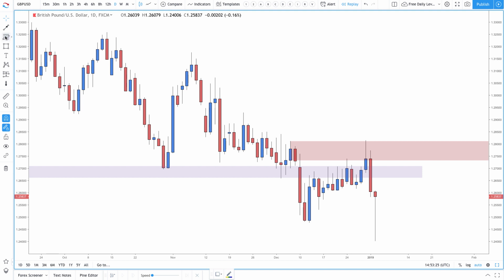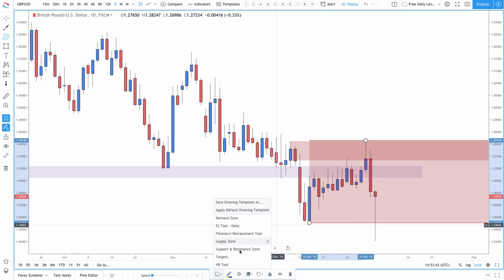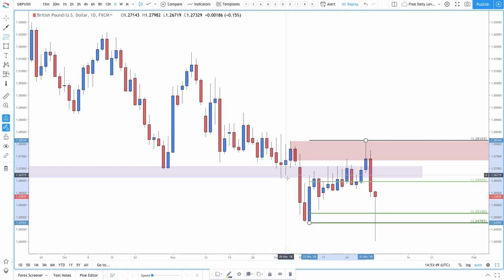And what I do, and what you can do, right, is I look for one of two targets. Now, I'll use the Fibonacci tool, and I'll go from the low to the high. And the eagle eye amongst you will see certain labels, and one of the labels is called targets.